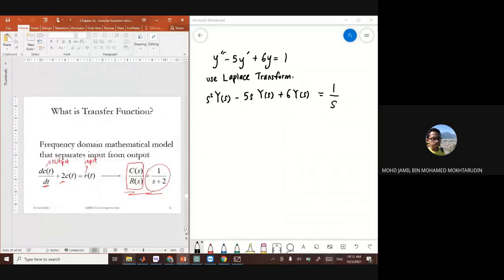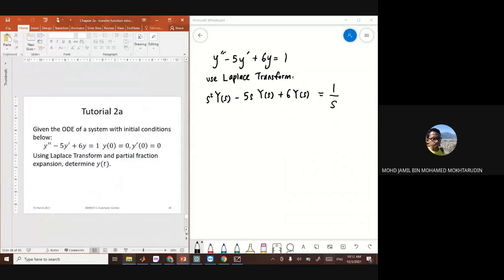After you get it in terms of frequency response, then you need to rearrange to get Y(s) equals something, equals the transfer function. So Y(s) times s squared minus 5s plus 6 equals 1 over s.